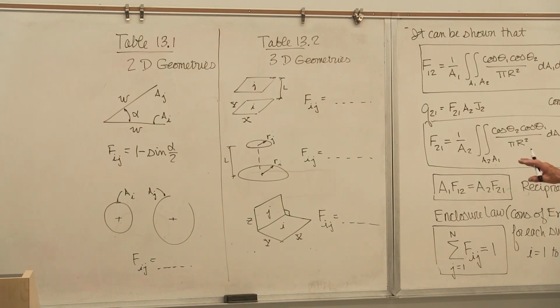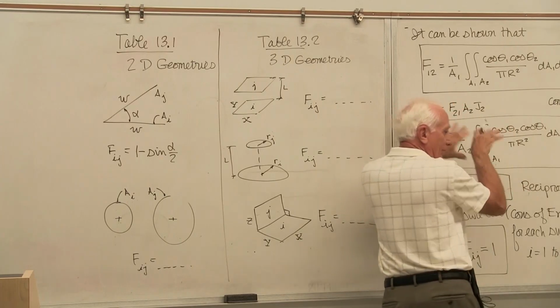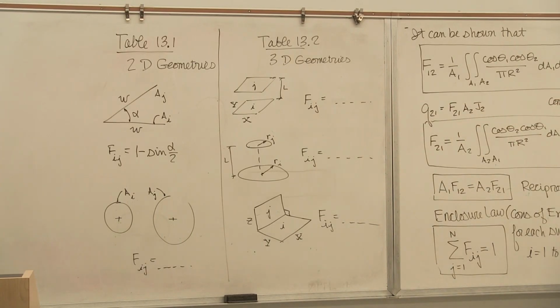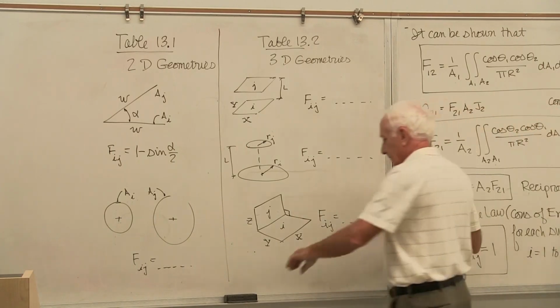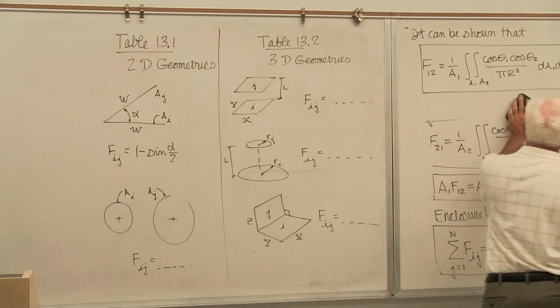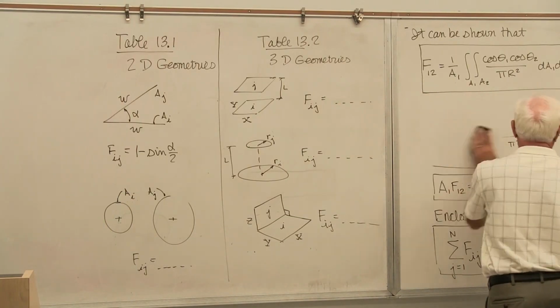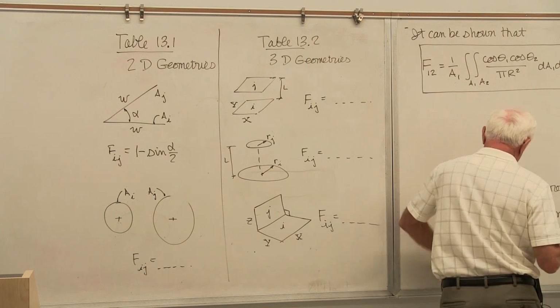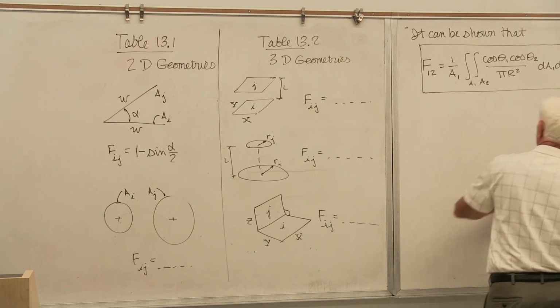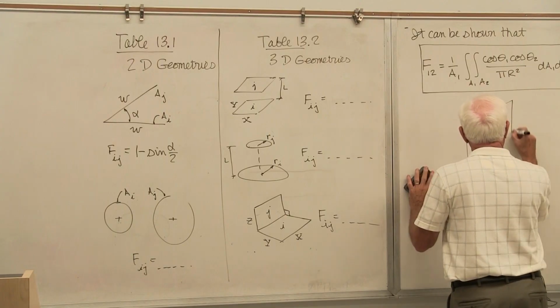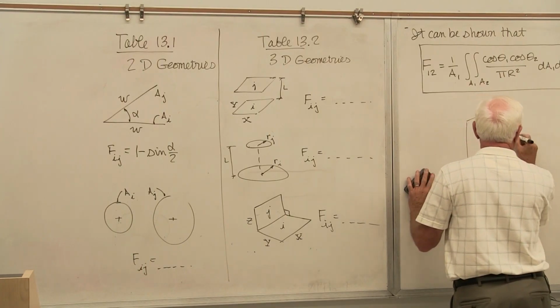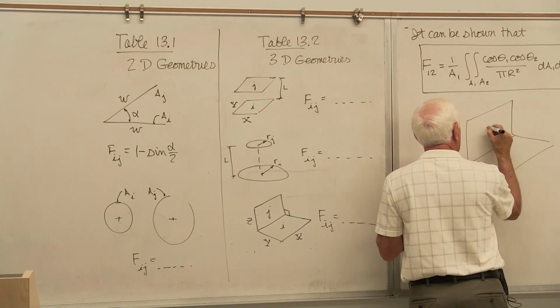Those results came from solving this double area integral. It's really messy. Because it's a double area integral, here's 1 and 2.